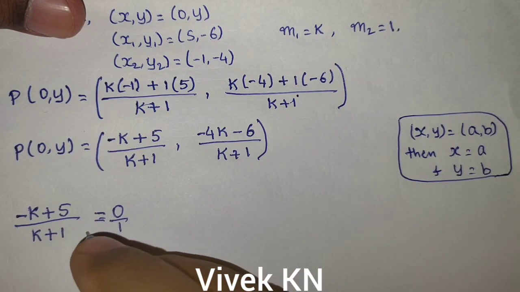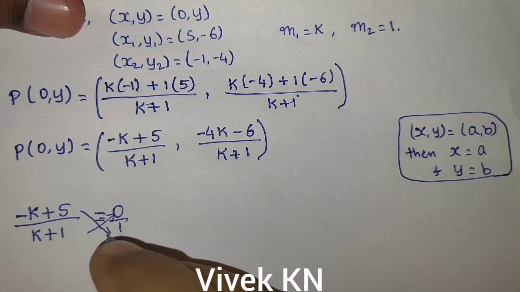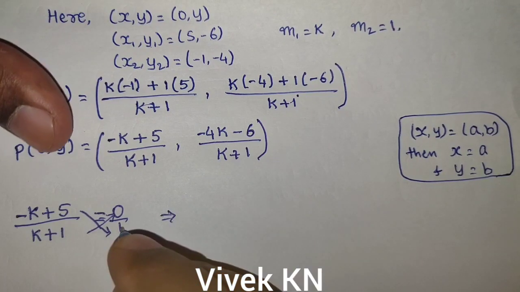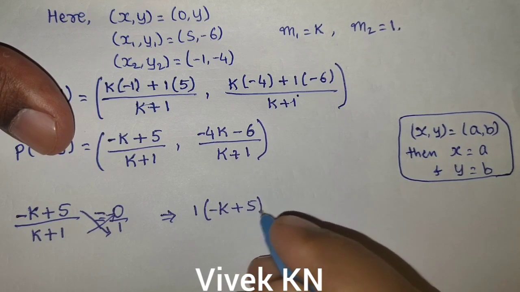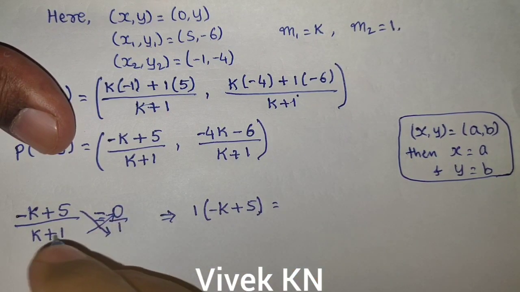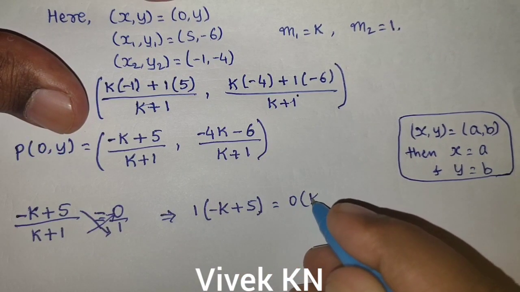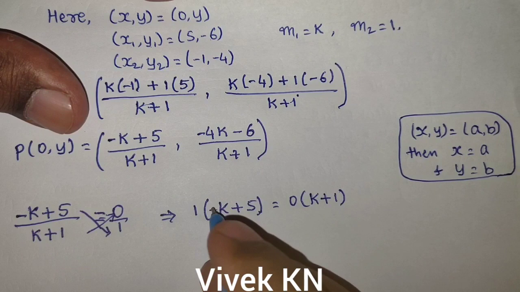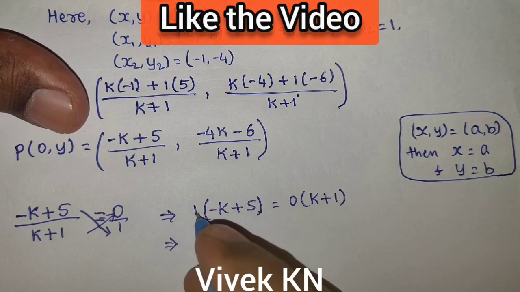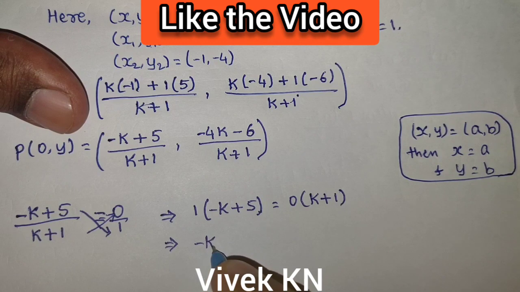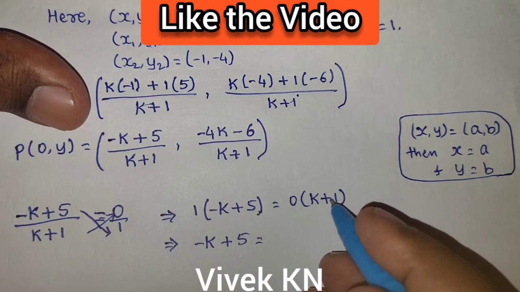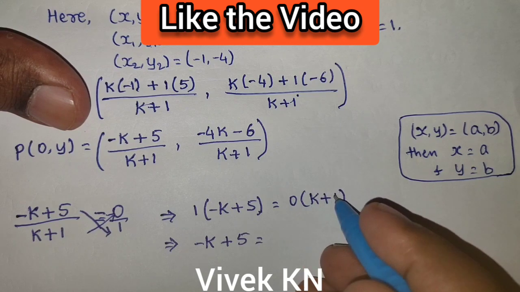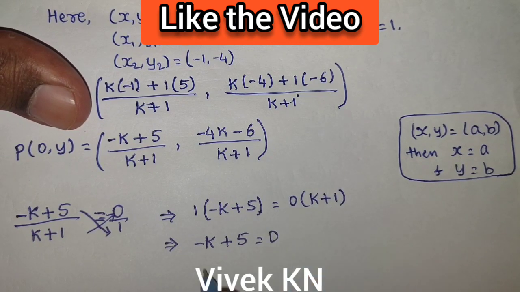Now let us do cross multiplication, that is 1 into (-k + 5) is equal to 0 into (k + 1). So 1 into -k is -k, plus 1 into 5 is 5, is equal to 0 into (k + 1). When we multiply 0 with any number, the answer will be 0 itself.